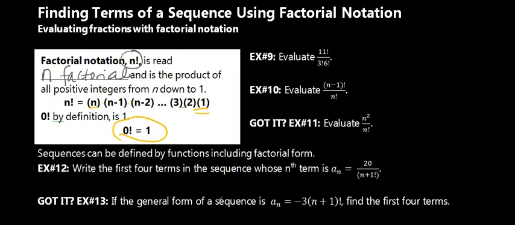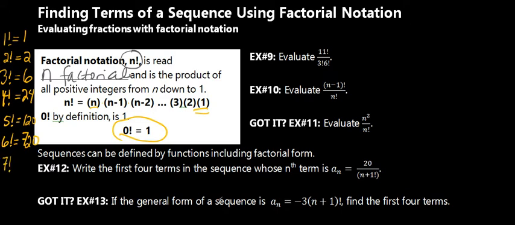What's going to be helpful for you is, maybe you should memorize the first few terms of factorial. So 1 factorial is 1, 2 factorial is 2, 3 factorial is 3 times 2, which is 6, 4 factorial is 4 times 3 times 2, and that equals 24, 5 factorial, so 5 times 4 times 3 times 2, equals 120, and we are getting significantly larger every single term increase. 6 factorial is equal to 720.